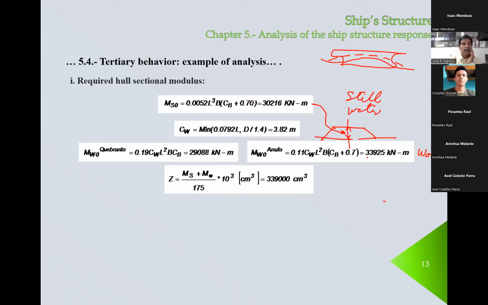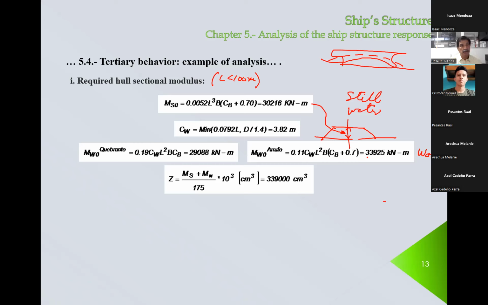Now, this is for ships of length less than 100 meters. If you go to the regulations for ships with length larger than 100 meters, then here and here you have a sign, because, as a comment that we made in one of the previous classes, when you increase the length of the ship, there is more and more importance on this primary behavior.